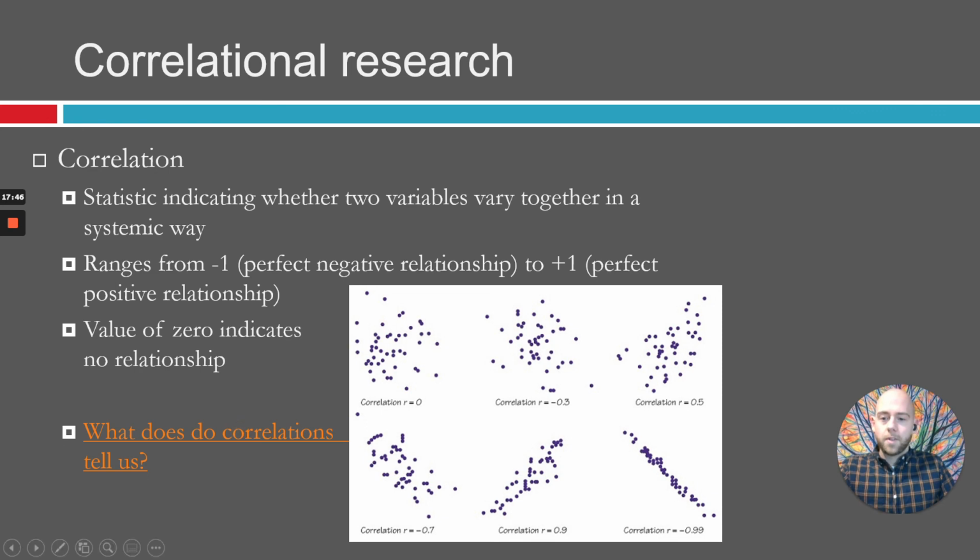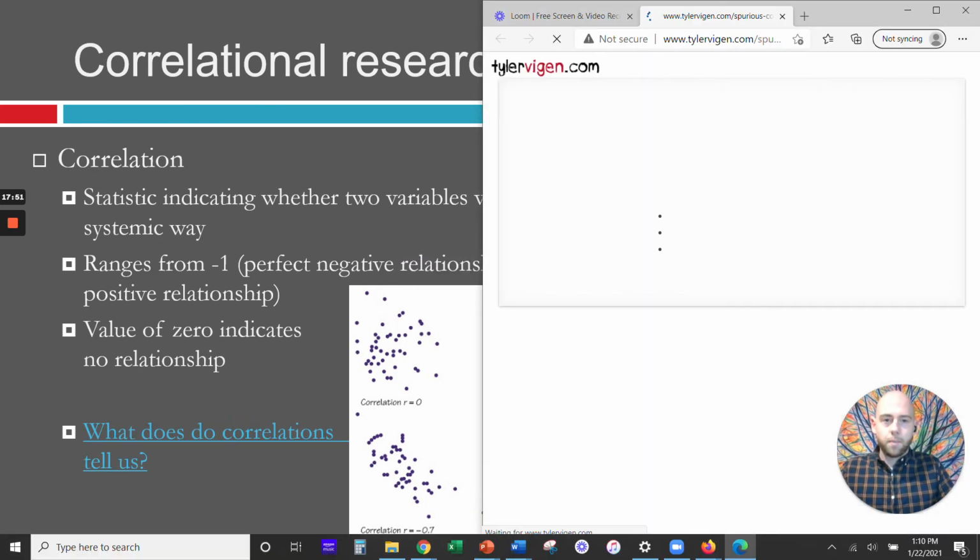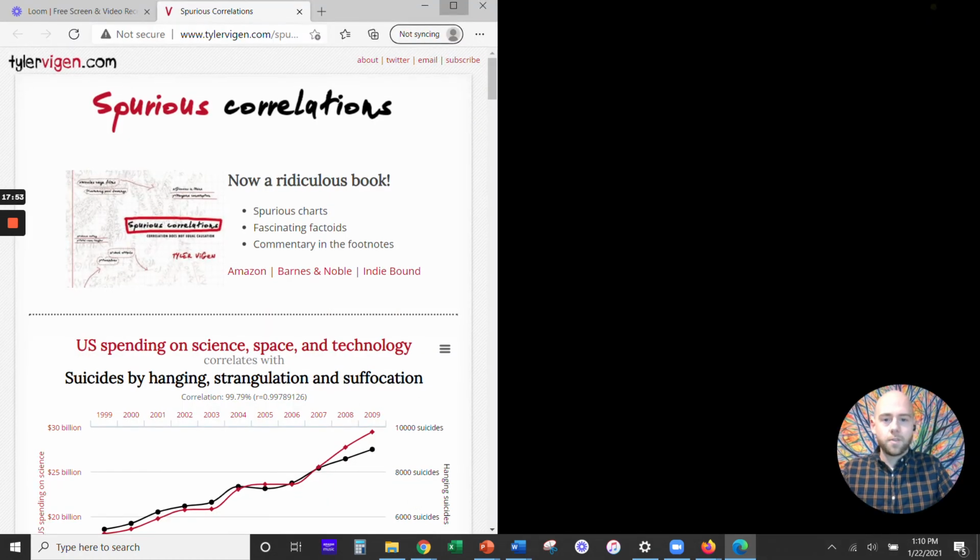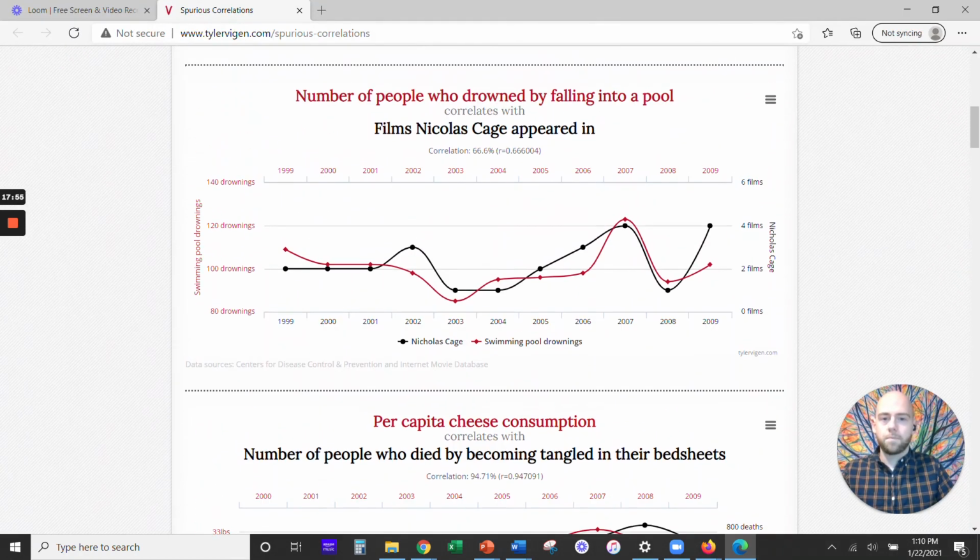I also want to just show you briefly that correlations might not always show us something that's super meaningful. This is a website that you can link to that shows something called spurious correlations, correlations that are random and meaningless, essentially. Over time, the number of films Nicolas Cage appeared in the 2000s is very highly correlated with the number of people who drowned by falling in a pool.